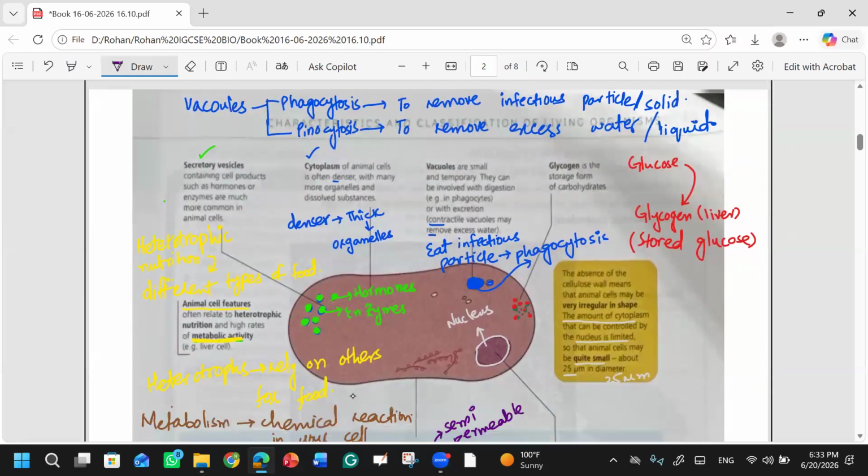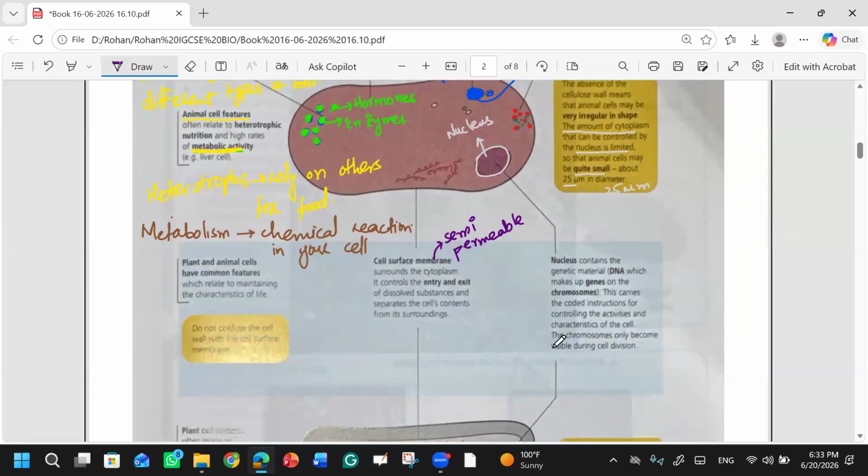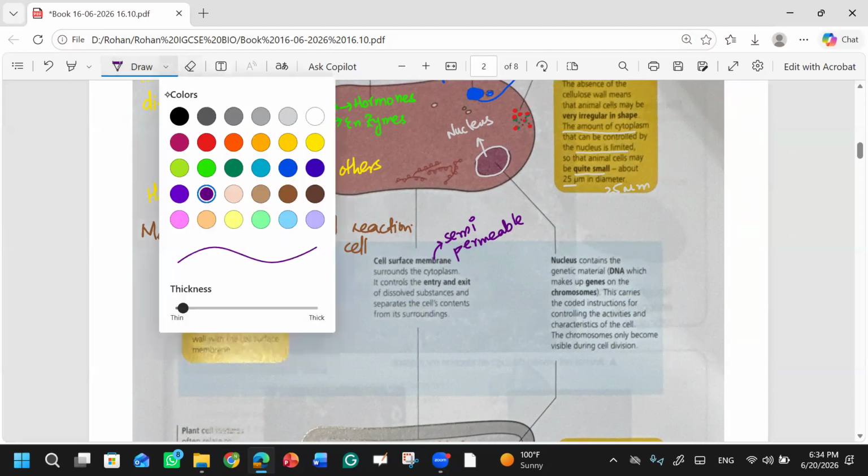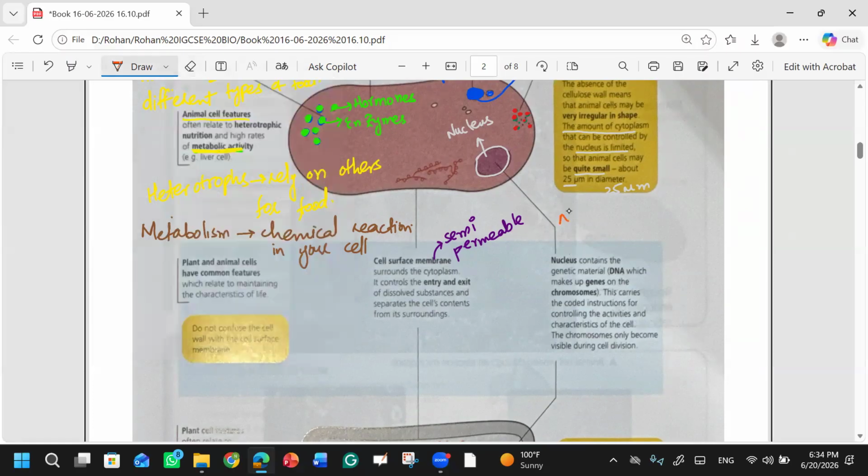Then we have the nucleus. The nucleus contains the genetic material DNA, which makes up the genes. What is the function of the nucleus? In the nucleus there is DNA, and DNA is made up of genes.